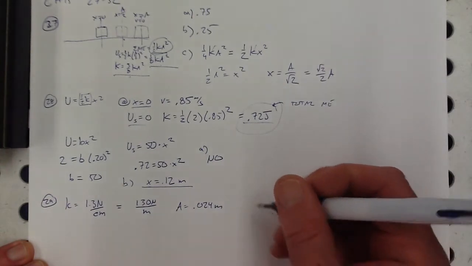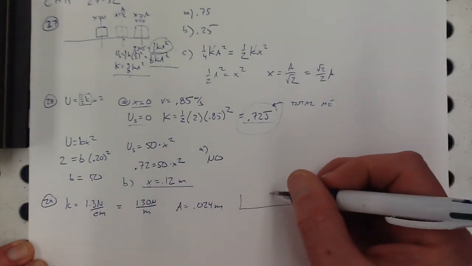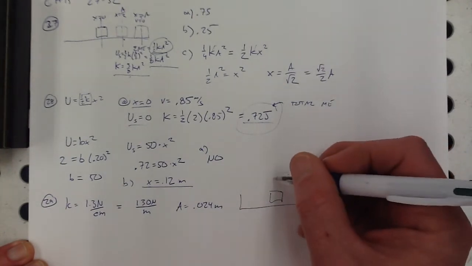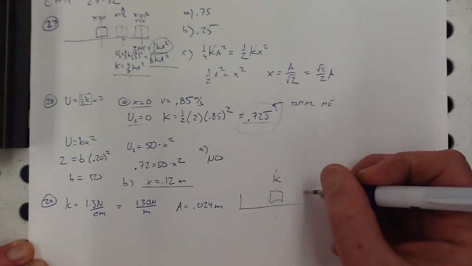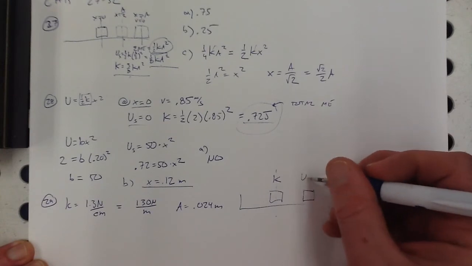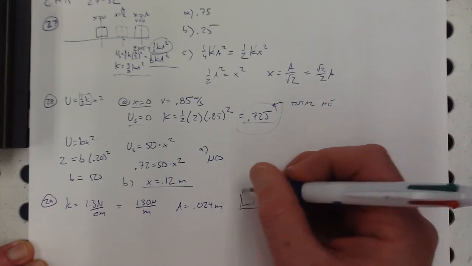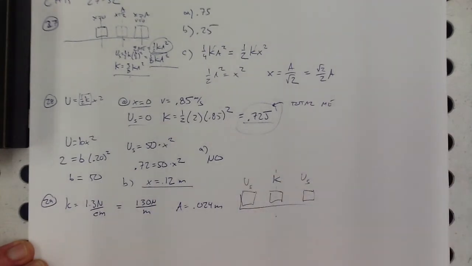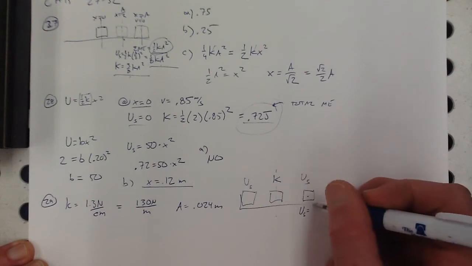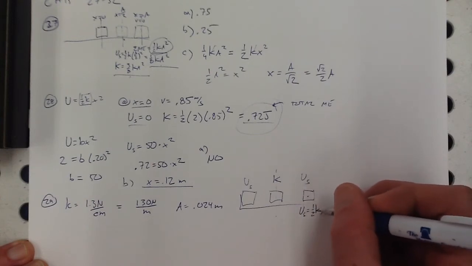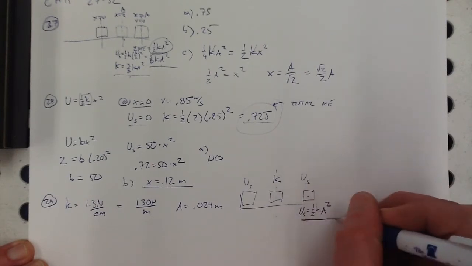Well, the total mechanical energy is equal to the kinetic energy when it's in the middle, and the potential energy when it's at its maximum amplitude, right? So the potential energy at the maximum is 1/2 K A squared, and that is the total.